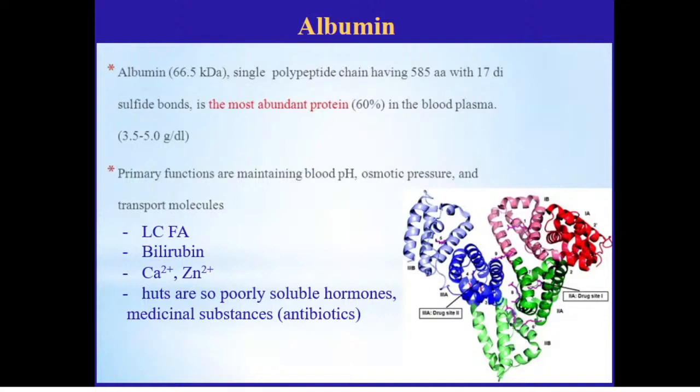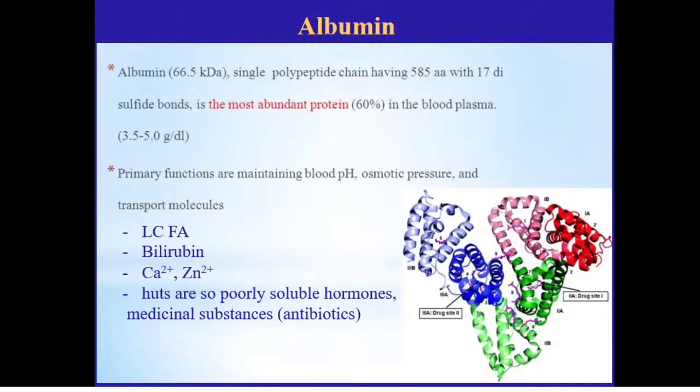Bilirubin from the reticuloendothelial cells is a water insoluble, toxic molecule, so it must be transported by albumin to liver cells, where it will be conjugated with glucuronic acid and excreted with bile. Many ions can be transported by albumin, for example, calcium, zinc.